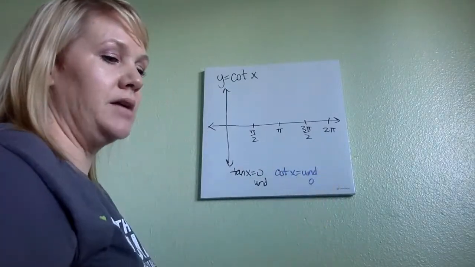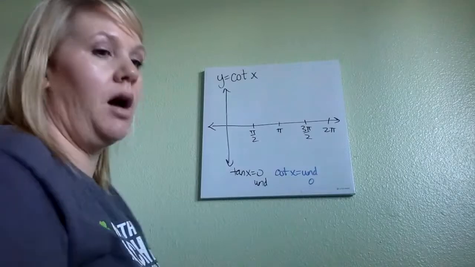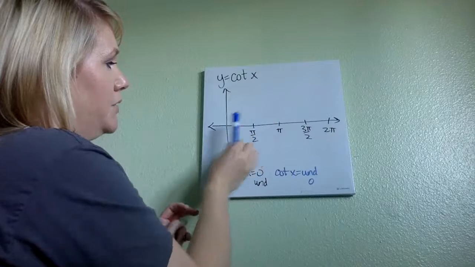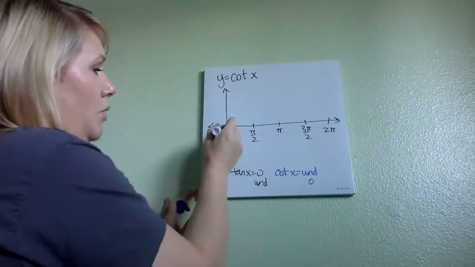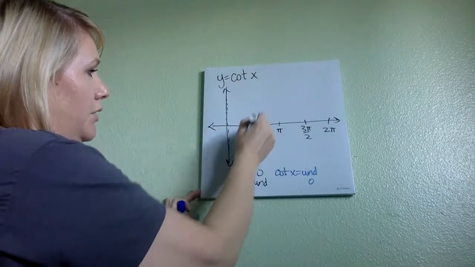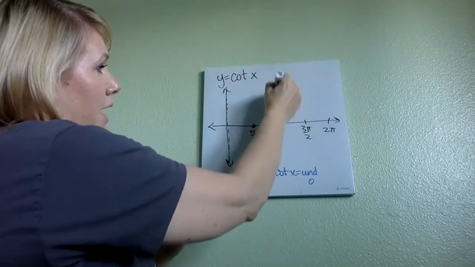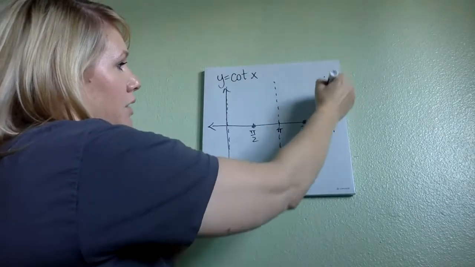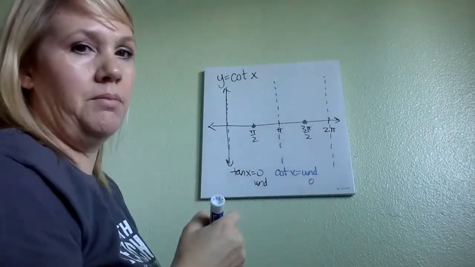So they have their asymptotes and their x-intercepts in the opposite places. Since the asymptote for the tangent function was pi over 2 and it crossed through the origin at 0, there's an asymptote here and an x-intercept there. An asymptote at pi and an x-intercept at 3 pi. And so then that asymptote also would be at 2 pi.